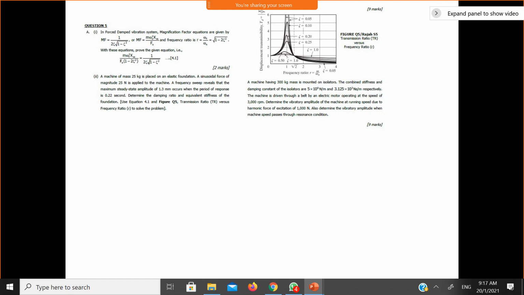So tak susah pun, just masuk je MF. First adalah kita samakan dengan this one dulu. Okay. And then lepas tu masukkan X mana tadi?